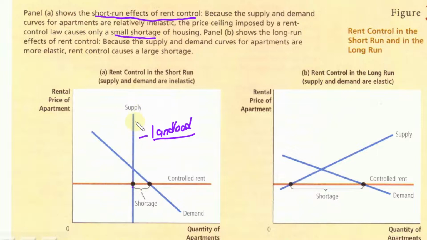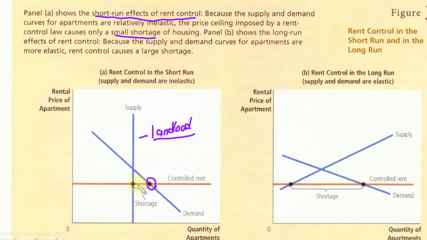As the number of apartments to rent is fixed, the people seeking housing want a price at most up to the control price.